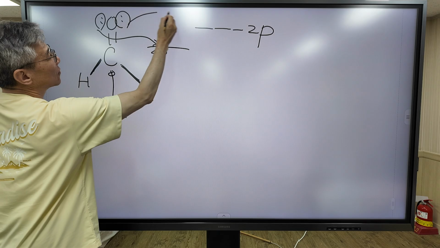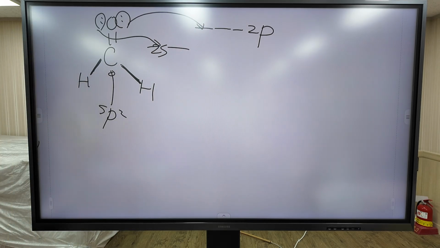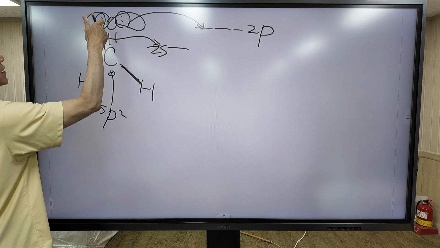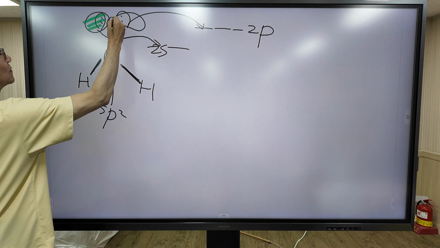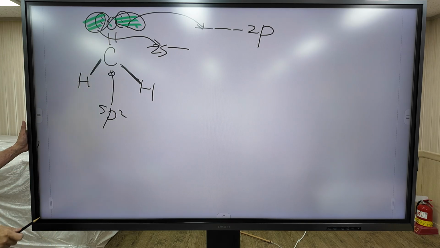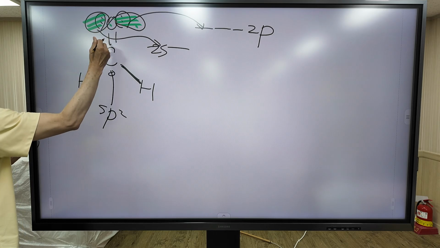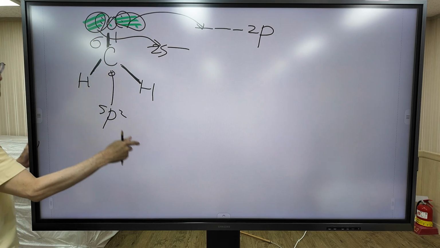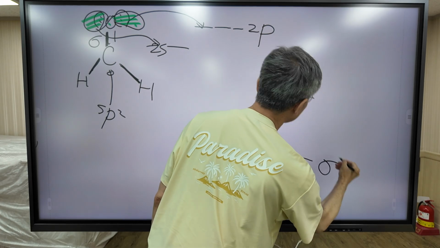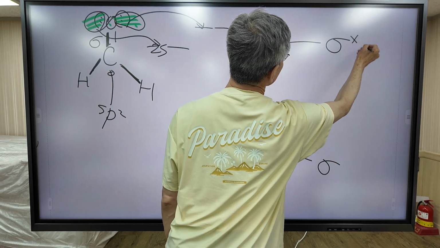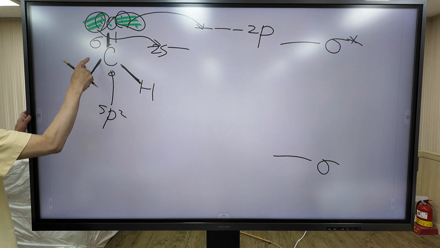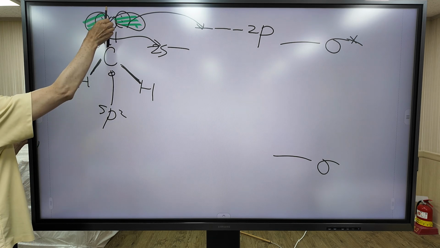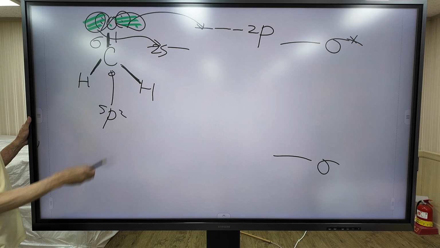The other lone pair occupies a 2 p orbital in this direction. And the p orbital in this direction forms a sigma bond with the carbon atom. So a sigma bond forms between the sp2 orbital and the p orbital in this direction.